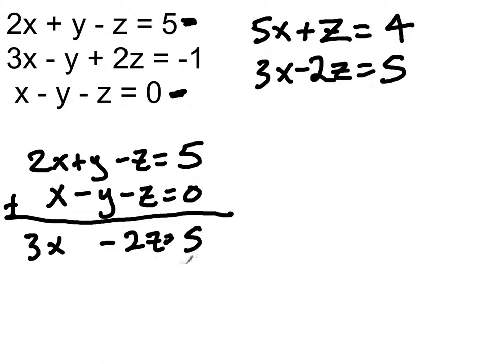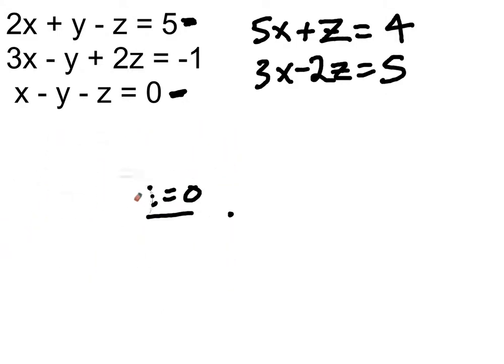Now I have 2 equations with 2 variables, so I can solve those. I'm going to solve these by elimination also. So now this is like the type of problem that we had a few lessons ago. Right now it looks like it's going to be easier to get rid of the z, because if I multiply this top equation by 2, which I'm just going to go ahead and write that, let's multiply everything by 2, and I'm going to write it down here.